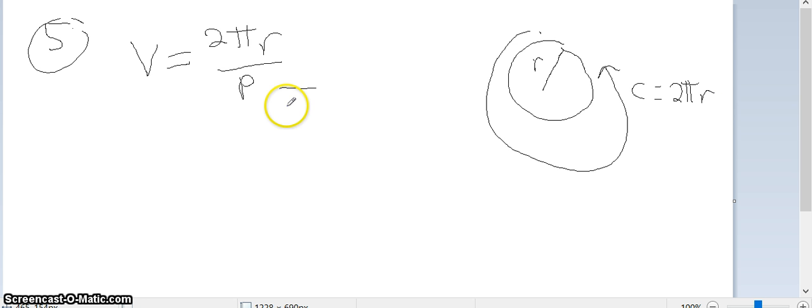So we're looking for the period because they give us the velocity. I think they give it to us in kilometers per second. So this part is given in the textbook in kilometers per second.